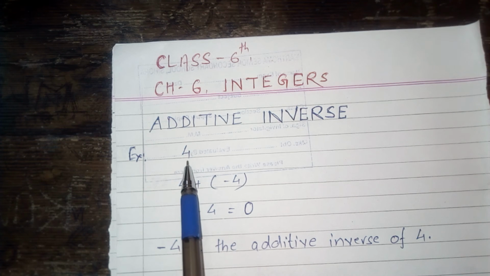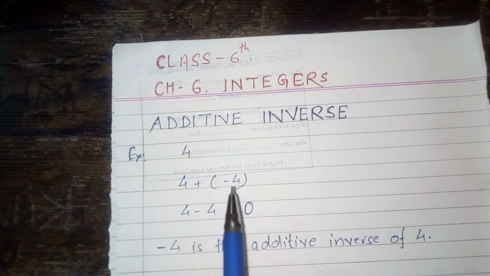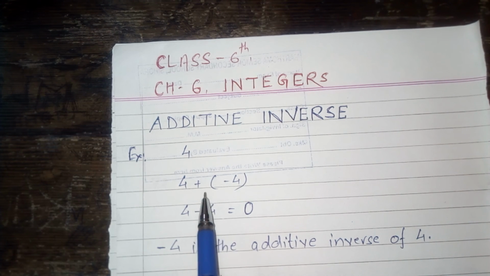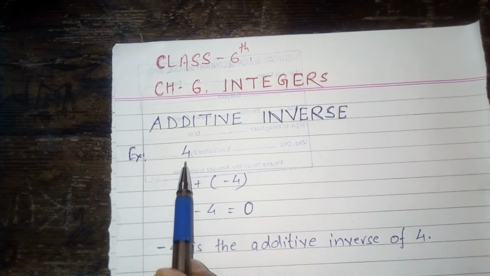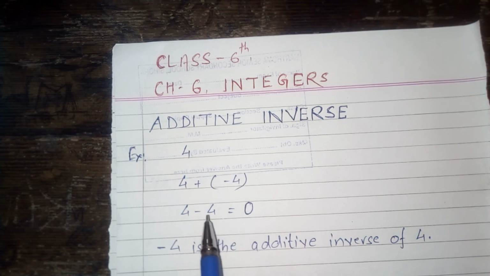Suppose you have one number, which is 4. I have one question. Which number will you add to 4 to get 0?